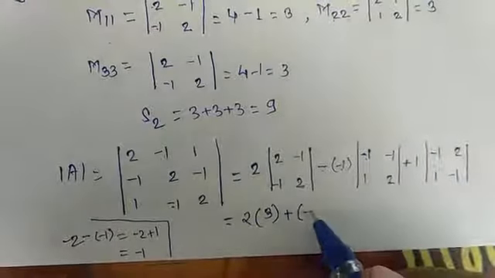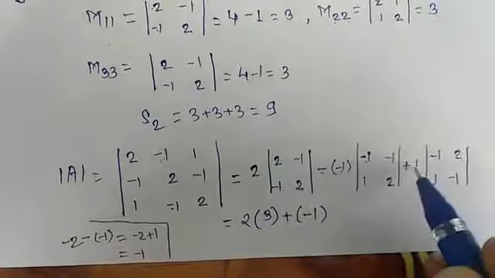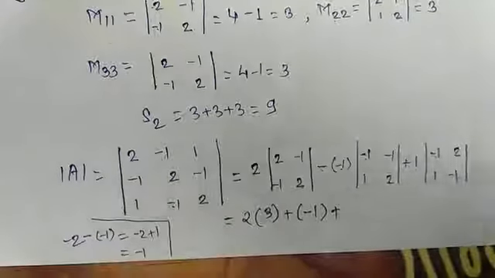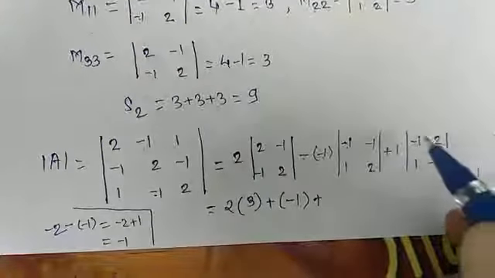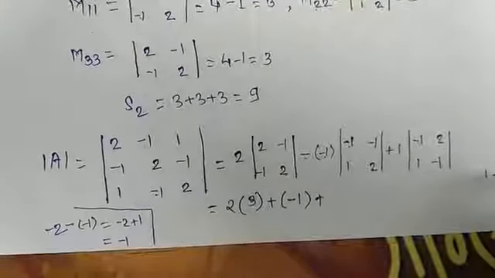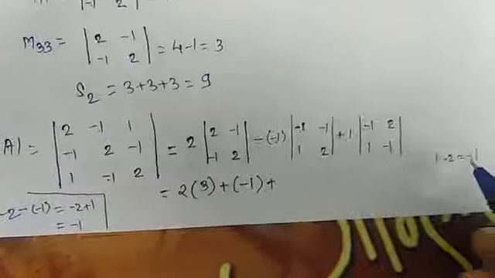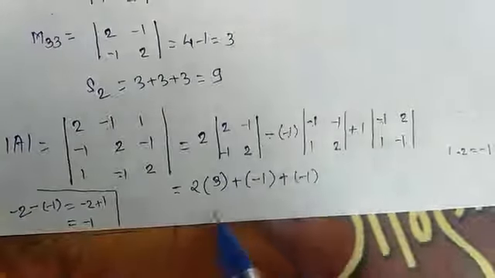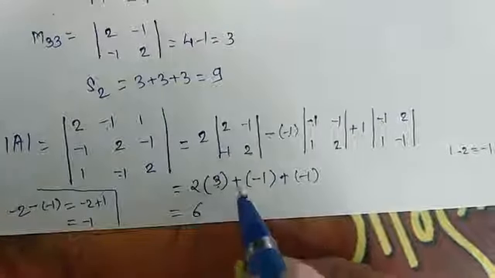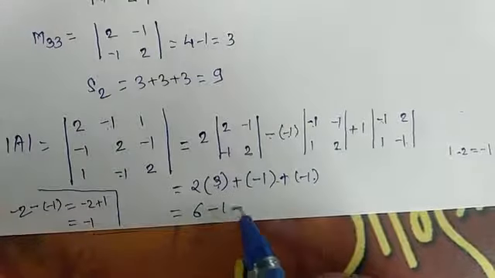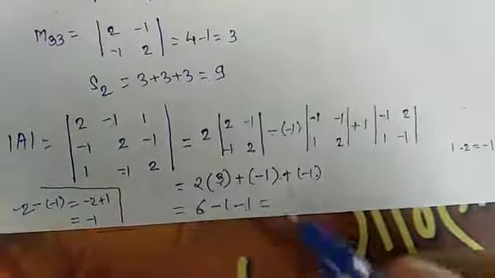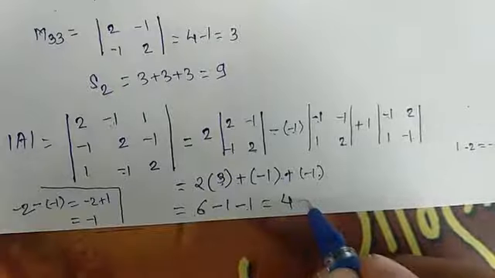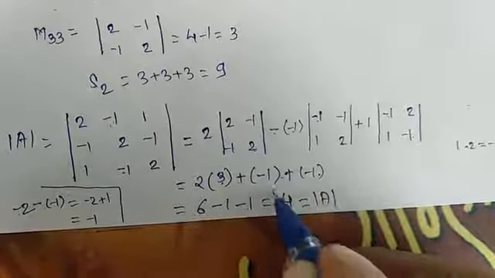So here it is minus 1 plus 1 into bracket, minus 1 into minus 1, it is plus 1, and minus 2, which is equal to again minus 1. So 2 3s are 6 minus 1 plus minus minus 1, which gives 6 minus 2, which is equal to 4. So our determinant of A is equal to 4.